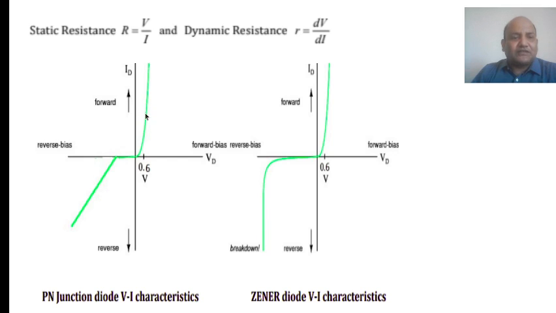Simply take the voltage V and divide it by the current I, and that gives you the static resistance R. If you take the slope of this exponential curve, then you will get the dynamic resistance, dV upon dI, the slope of this.